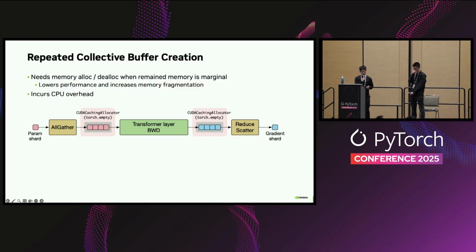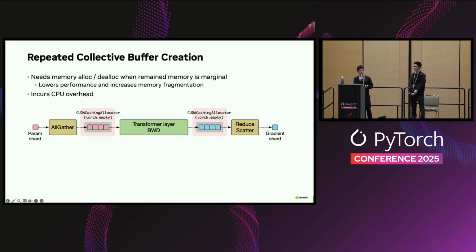The next problem we look at is the repeated collective buffer creation in the communication. To show it, we have a toy example here of an FSDP routine in the backpropagation. At each backpropagation, in the transformer layer, you are supposed to gather your parameters, and then the parameters will be used for the computation, and the result of the backpropagation will be the gradient, which is supposed to be reduce-scattered.